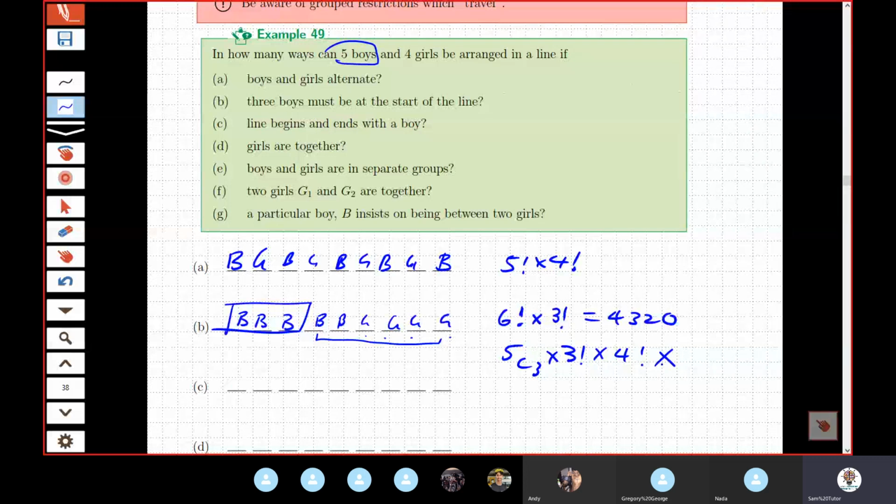Times 2 factorial, which is just 2, which is 28, 80. I'm missing something there again for you, Rosemary, but it should work out to be the same.